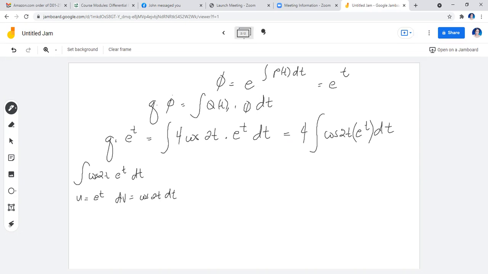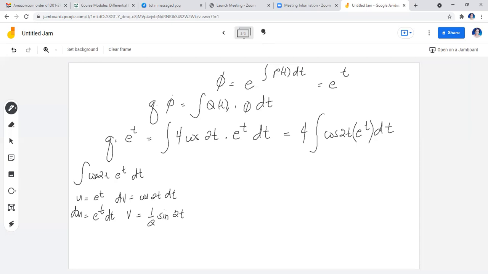Now, if this is our u, your du is e raised to t dt. And your dv, if we intend to find the v, will be, of course, 1/2 sine of 2t.